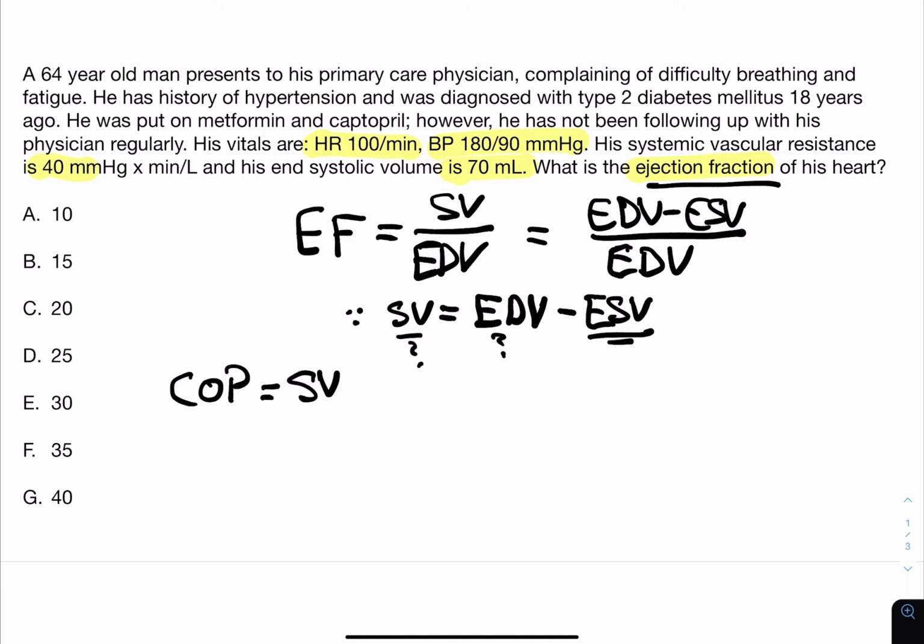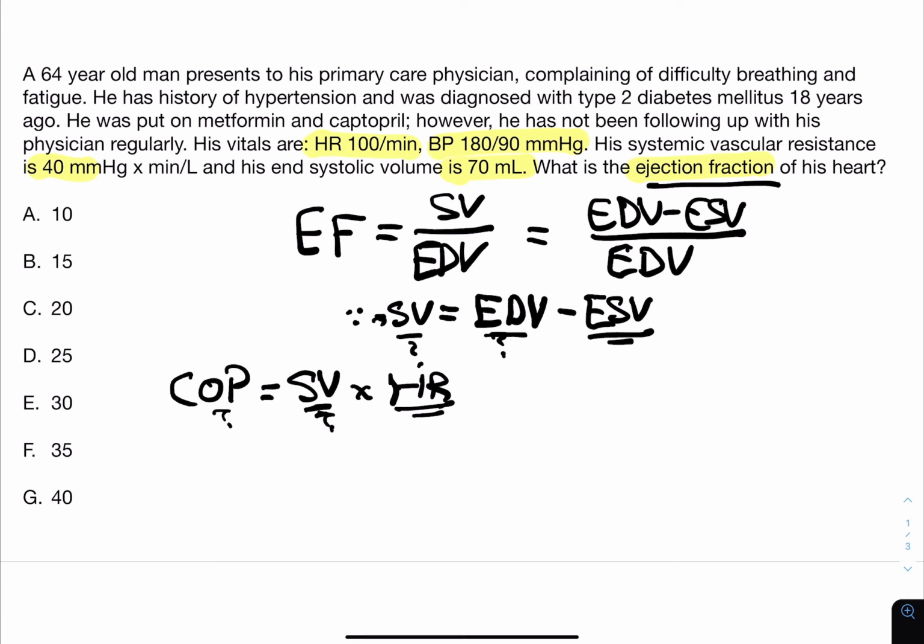If we figure out the stroke volume from this formula, we could plug it into the ejection fraction formula, and we'll have just one unknown, end diastolic volume, and it will be easy to figure out. So cardiac output is stroke volume multiplied by the heart rate. But unfortunately, again, we're going to have 2 unknown variables. We only have the heart rate in here, which is 100.